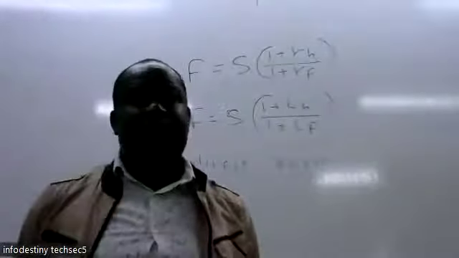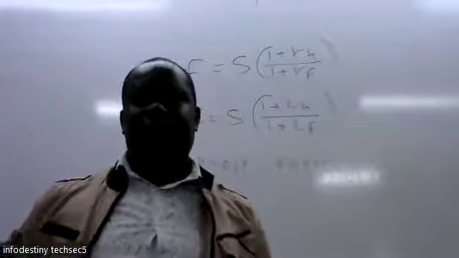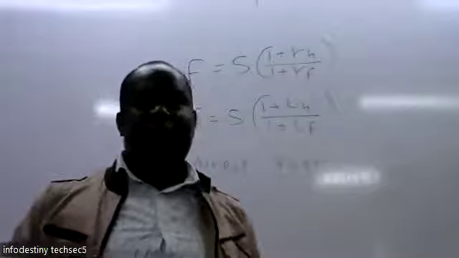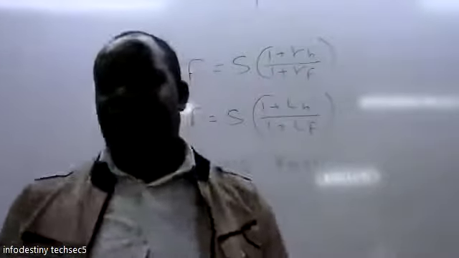That's now what we mean by indirect quote. Indirect quote, the home currency is held constant as one. Then the buying and the selling price will come from variation of the foreign currency.